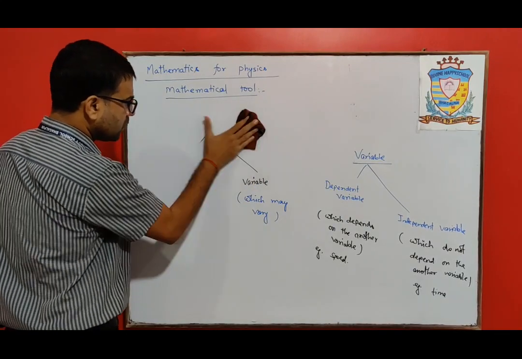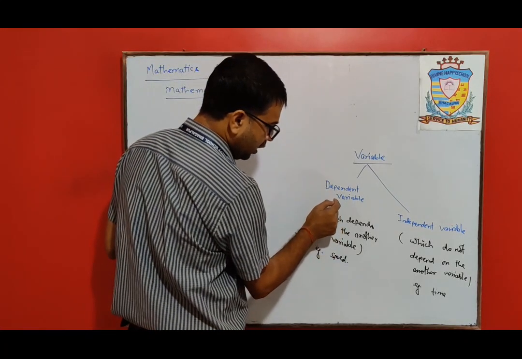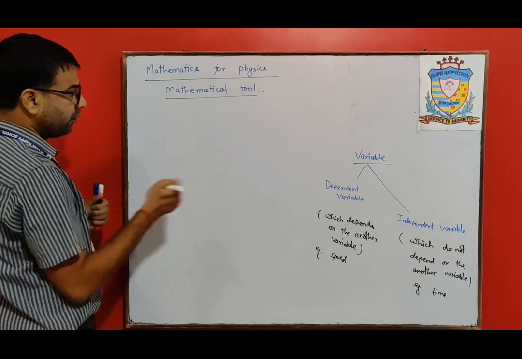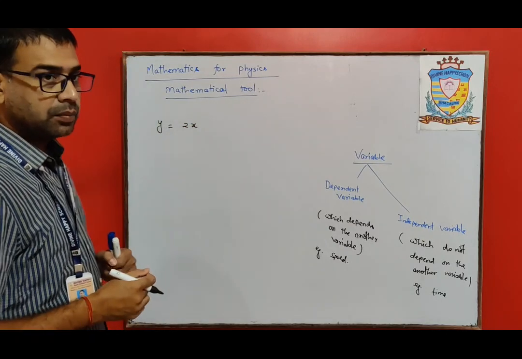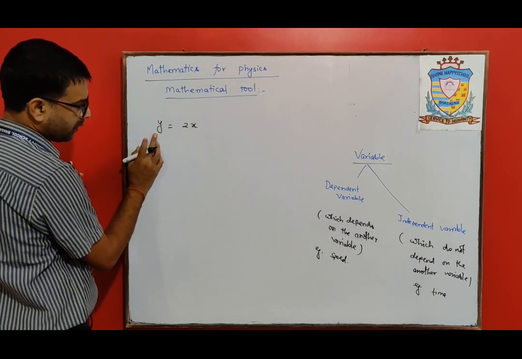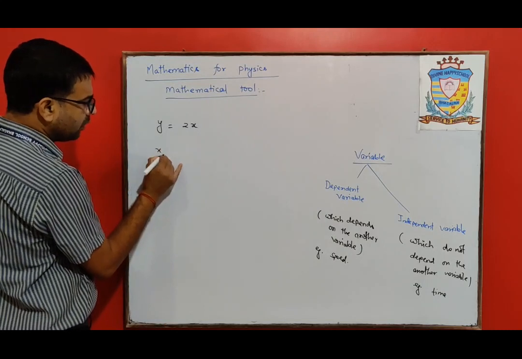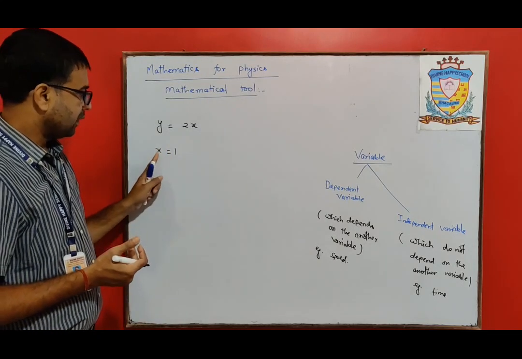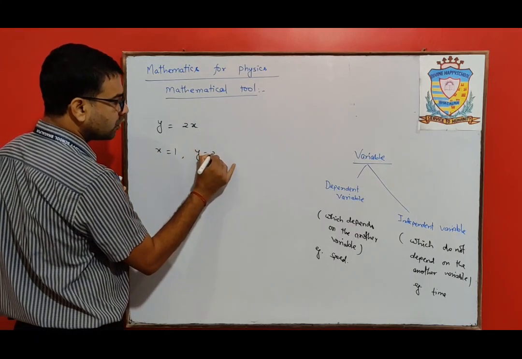So if one quantity depends on another quantity, for example if we take y is equals to 2x, that means if we want to calculate the value of y, it totally depends on the value of x that we choose. Suppose we give a value of 1 here, so y is equals to 2 into 1.